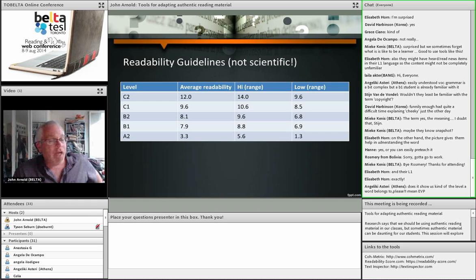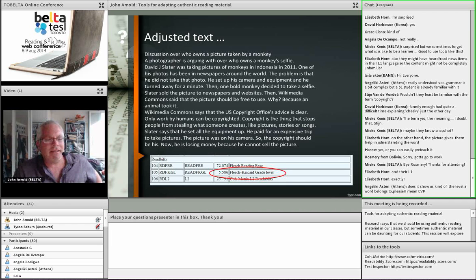So you work with those tools, you can work back and forth, and then I can show you. I actually ended up adjusting the text a little bit to get it to that 5.6 level.